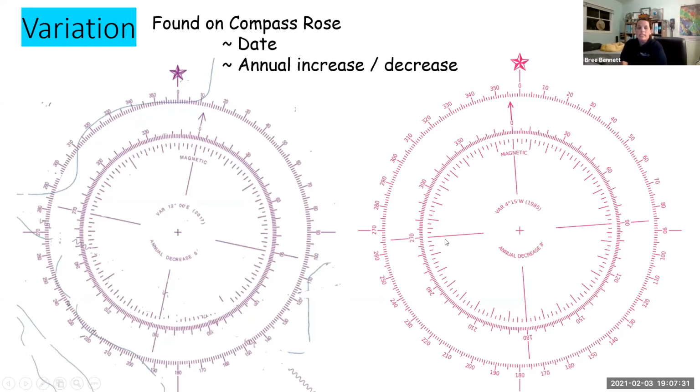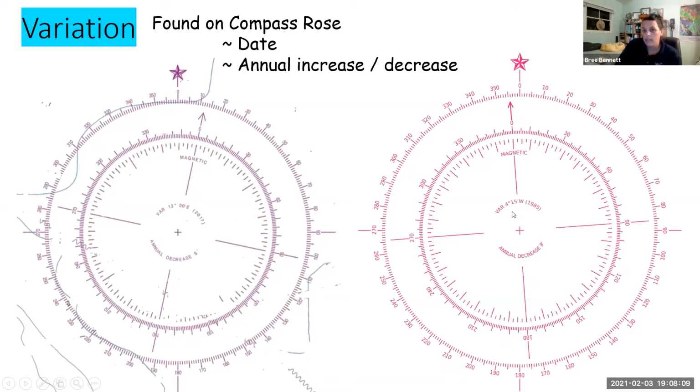Okay, but also I wanted to show you on here, so here's the big star in the outer circle is our true north. And our variation, this 12 degrees, is saying that our magnetic North Pole is 12 degrees to the east. So over here is where our magnetic North Pole is. That's what that value is saying.